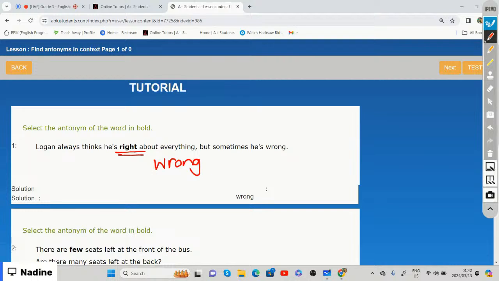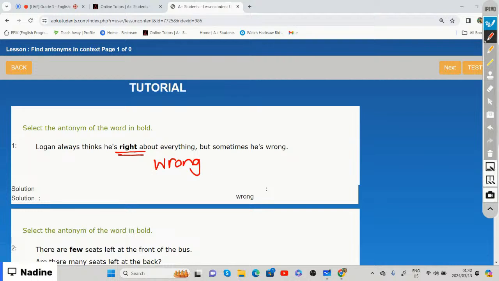Or if we look at the word right and we were to seek the opposite in direction, what would be the opposite in direction? If the sentence is right, then what is the opposite in direction of right?